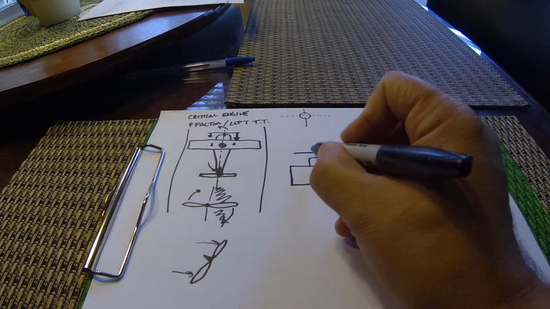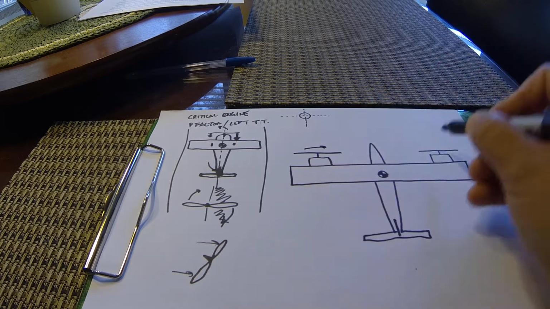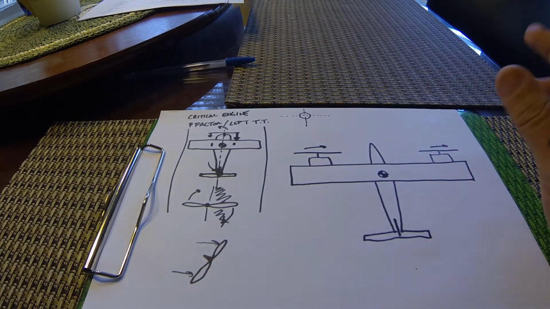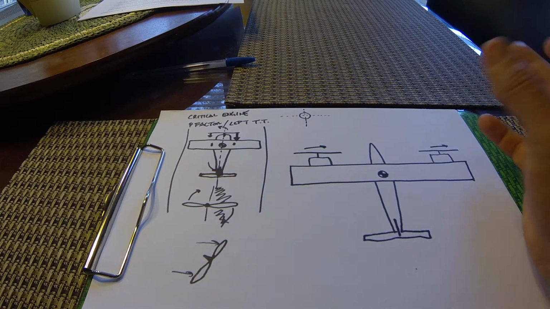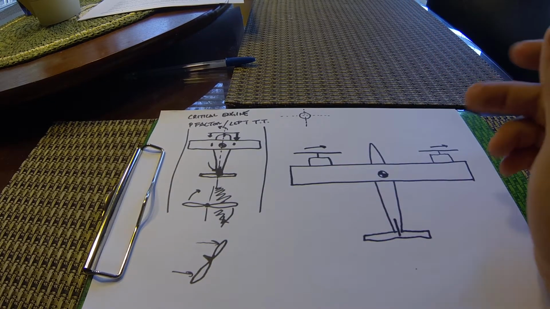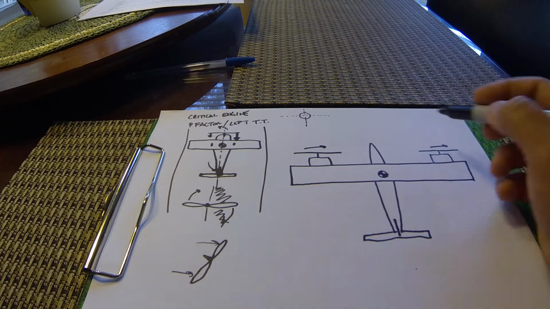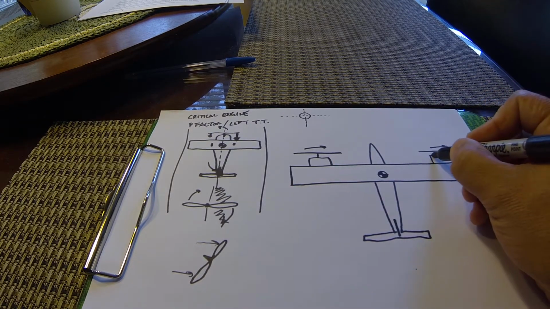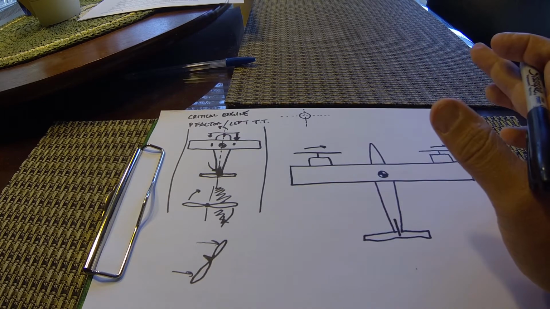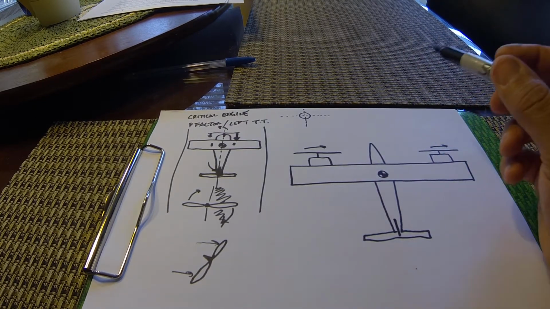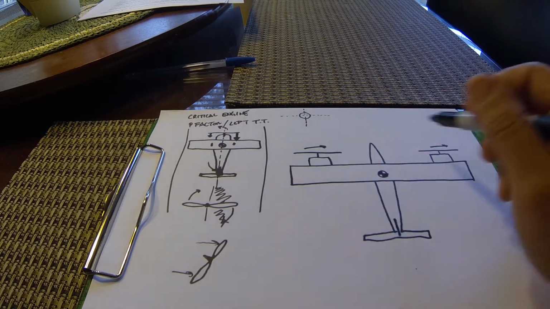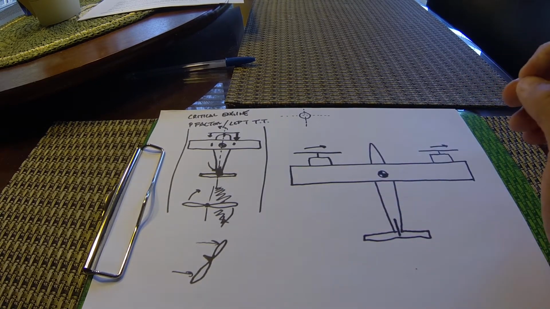Right? So the propellers are turning this way and this way. Some airplanes do have counter-rotating propellers where they turn opposite of each other. Left one turns to the right, one turns to the left, and they counteract each other. All right? But most aircraft do not have that. Most will turn to the right as viewed from the cockpit.